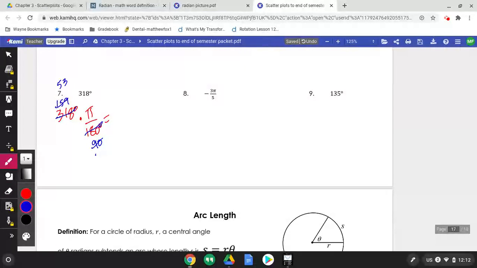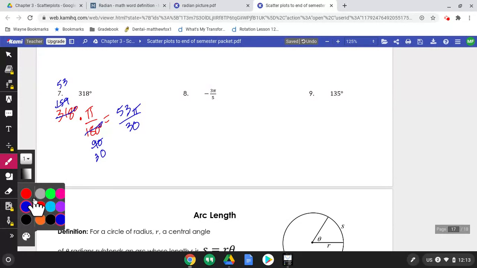Meanwhile, it goes into 90 30 times, and from here, 53 and 30, there's nothing more that we can do, so we are done. 53 pi over 30 radians.